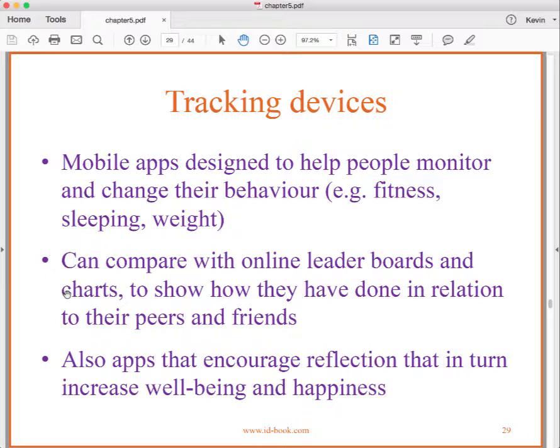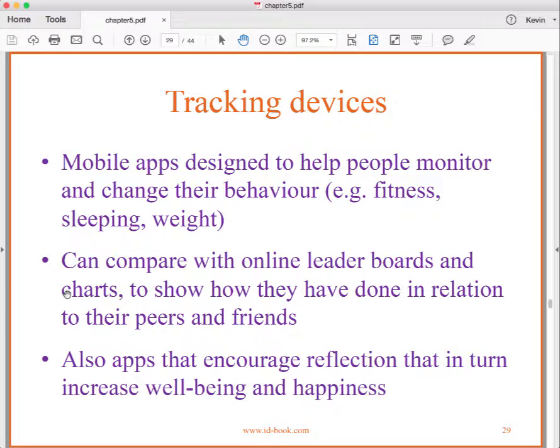Here on slide number 29, we're talking more specifically about the trackers, which would include my smartwatch, and the kind of things that people do. At first, we monitor all this activity. And some of the applications allow us to compare ourselves with online leaderboards and charts. We can compare ourselves to peers and friends.